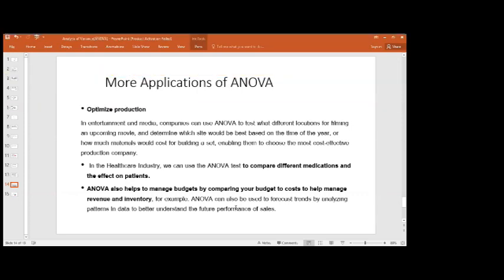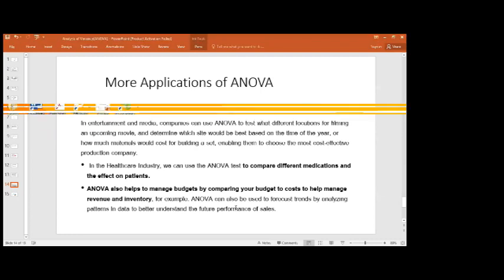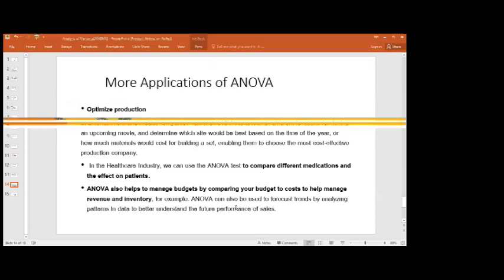So basically, ANOVA is simple. The comparison of means, analysis of variance, so we can calculate any data and compare the data to get better results.